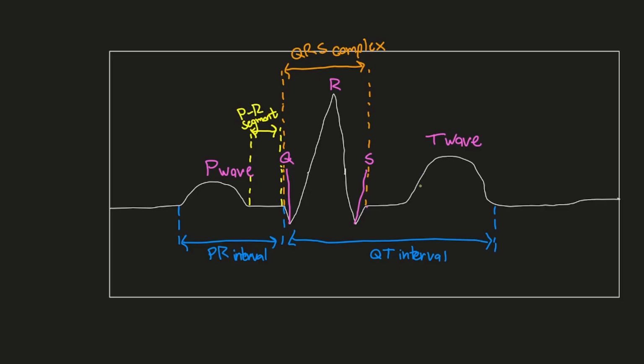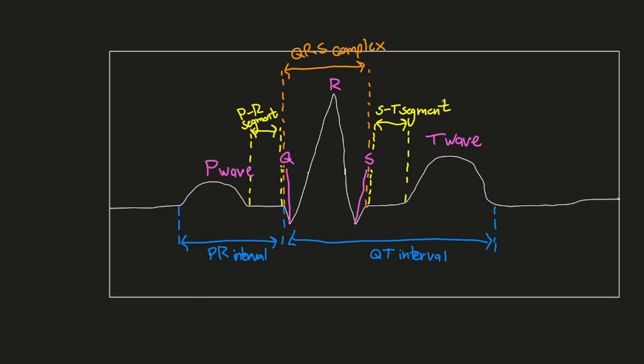And our second segment is the ST segment, which is going to start at the end of our QRS complex and end right before our T wave starts. And that is our ST segment.